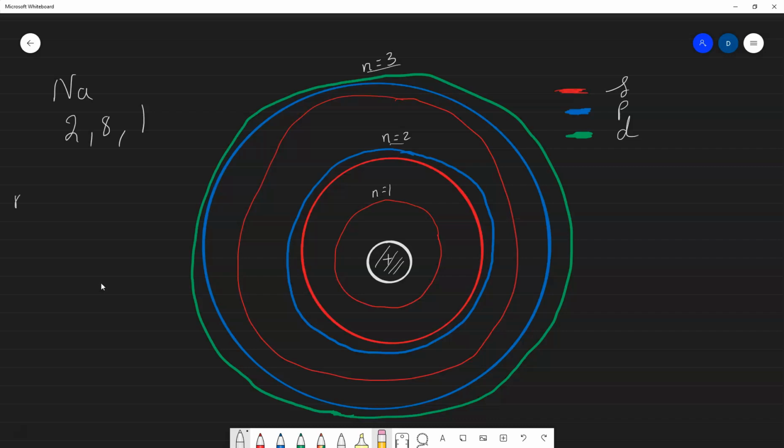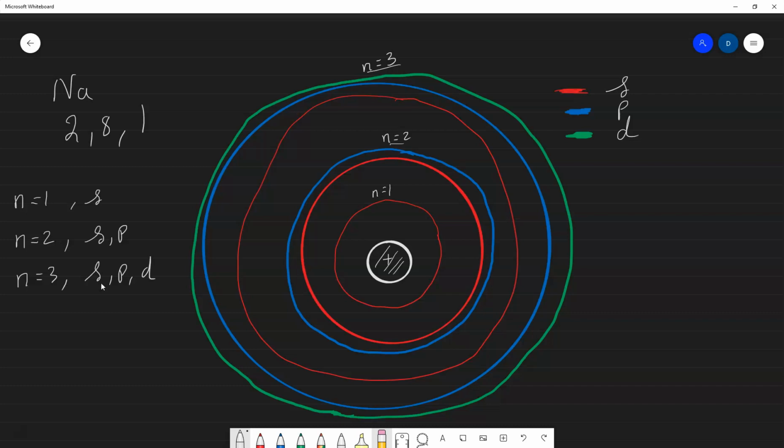Now we know that in the first shell, n equal to 1, there is only one subshell, S. In the second shell, there are two subshells called S and P. And in the third shell, you've got S, P and D. For the time being, you can forget the shell number 4 and the subshell F. I don't think you get that in A levels.